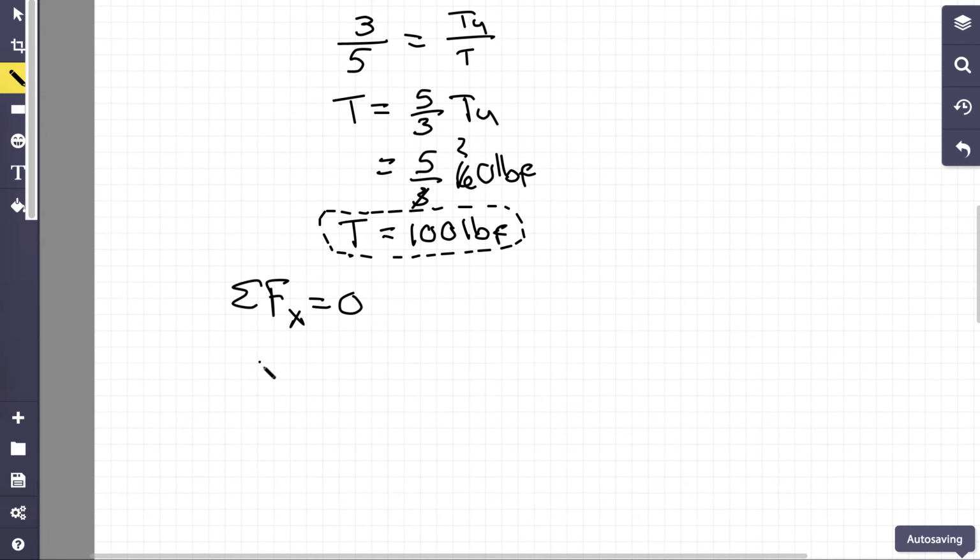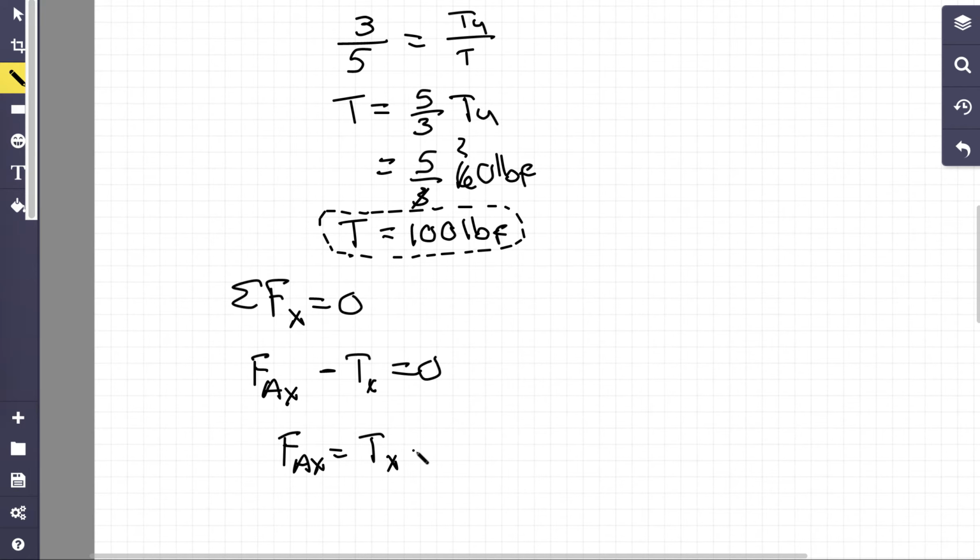So if we go back up, FAX minus TX is equal to 0. We don't know TX, but we can figure that out pretty quickly. We know FAX and TX are the same. But remember that triangle, the 4, 3, 5 triangle.